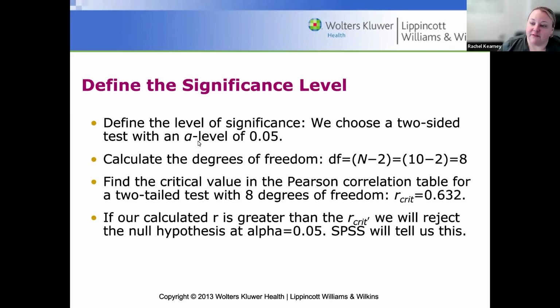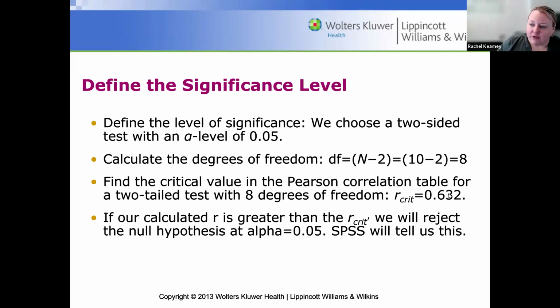You're going to define the significance level. We're going to choose an alpha level of 0.05. You'll also calculate the degrees of freedom. The degrees of freedom are n minus 2, because we have two different variables, and we have 10 students, so our degrees of freedom is 8.